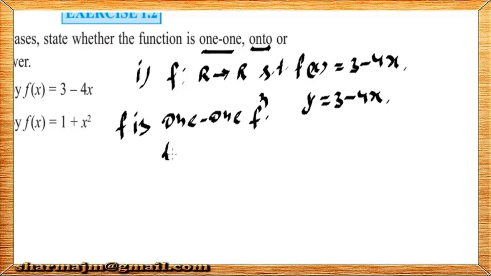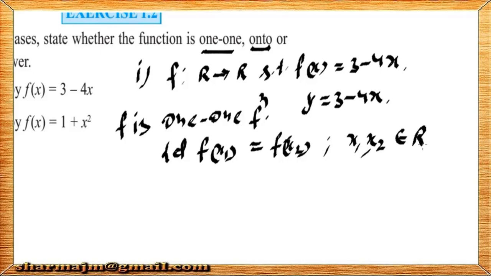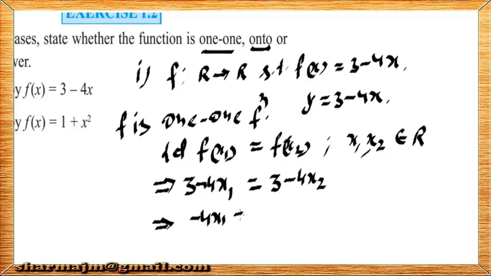You can also write it like this: let f of x1 is equal to f of x2 where x1, x2 are in domain. So we took the images equal. Now applying the definition of the function, f of x is 3 minus 4x, so f of x1 will be 3 minus 4x1, and f of x2 is 3 minus 4x2, which implies minus 4x1 is equal to minus 4x2.